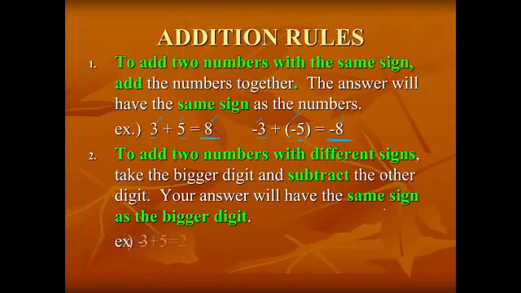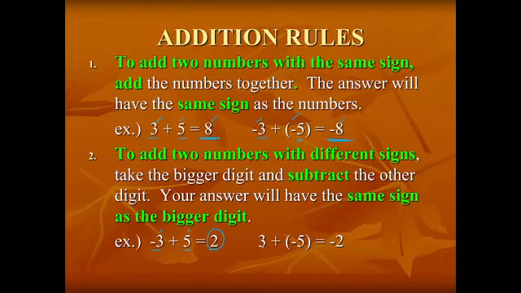Now, let's have these examples. So you have here negative and positive. 5 minus 3 is 2. Now, which is bigger? 3 or 5? 5 is bigger. What is the sign of 5? 5 is positive. Therefore, the answer is positive 2.